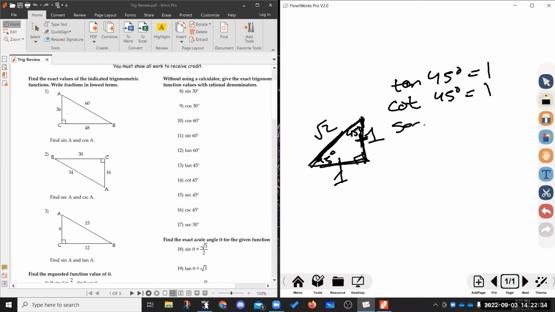The secant of 45 degrees is hypotenuse over adjacent, which is the square root of 2. And the cosecant of 45 degrees is hypotenuse over opposite, which is also the square root of 2. We already did number 17 in the last set with the 30, 60, 90.